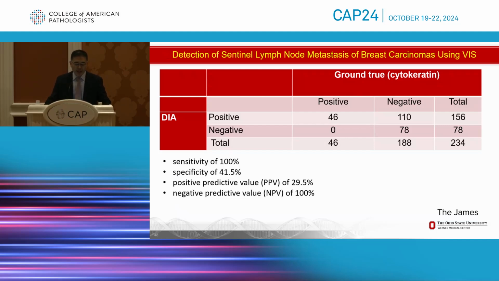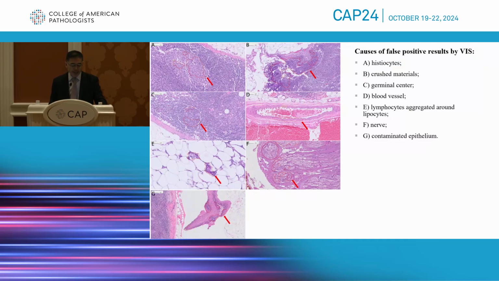In summary, these AI tools had a sensitivity of 100%, which means it did not miss any single real positive metastasis. However, as you can see here, the specificity is pretty low, lower than 50%, and similar for the PPV, positive predictive value.